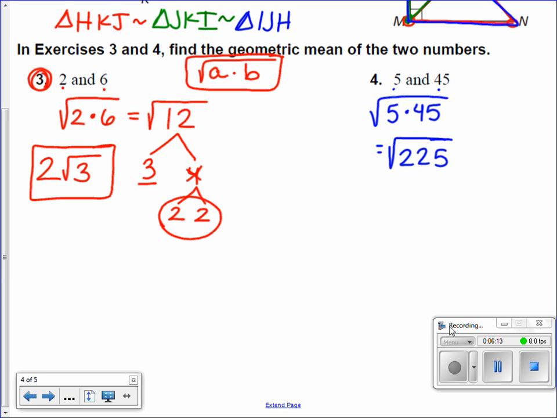So if I type in the square root of 225 on my calculator, which you can't see, I get 15. So I don't even have to break this one down. That one's a perfect number. Give you a second to copy those down if you haven't.